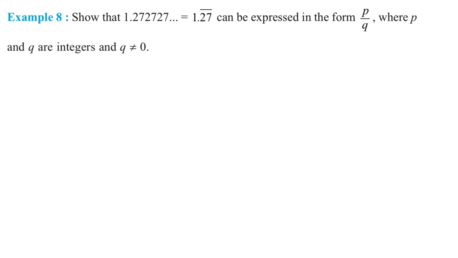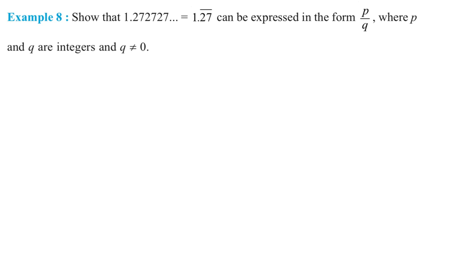Show that 1.272727, which is 1.27 bar, because 27 is repeating itself, can be expressed in the form p over q, where p and q are integers and q not equal to 0. First question. Remember, always question yourself, ask questions to yourself and come up with answers. In this way, you will become self-learners.